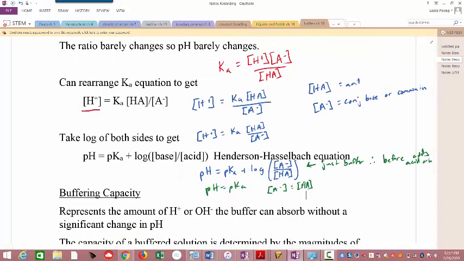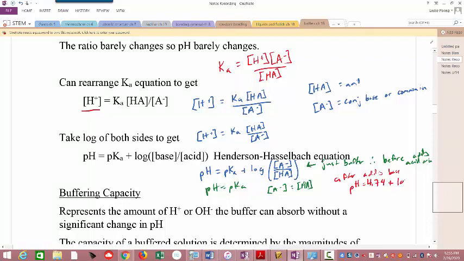And then if we do it after adding the base, our pH would be the pKa, well, I already know that the pKa is 4.74 because we did that.